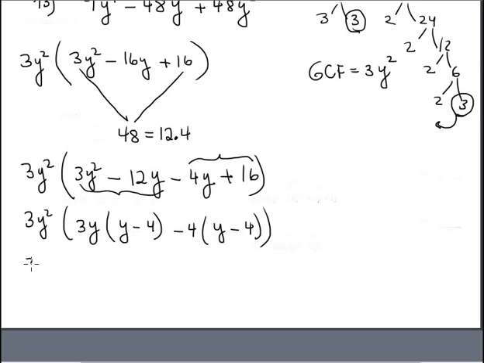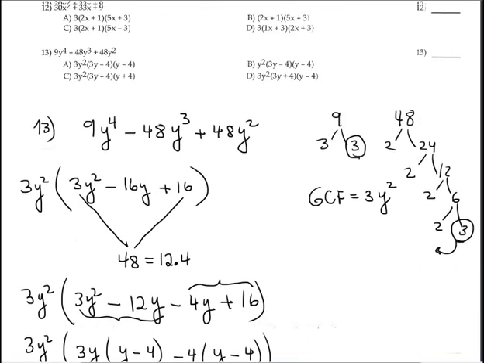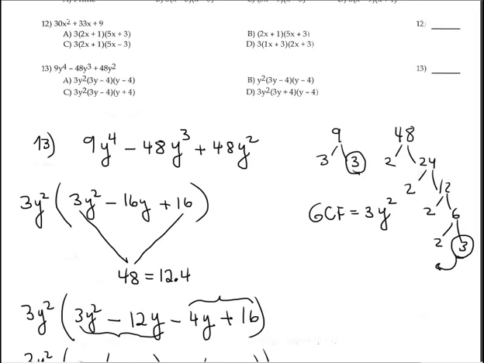Factor out y minus 4. In the second parenthesis we have 3y, because this is this, and minus 4. And this is the answer. Okay, corresponding with the option. Let me check what option is correct. The option A again.